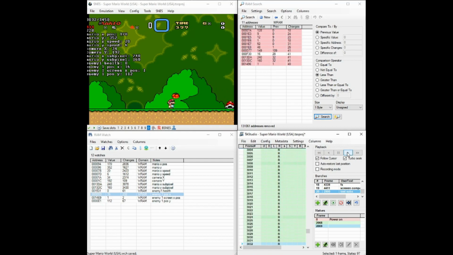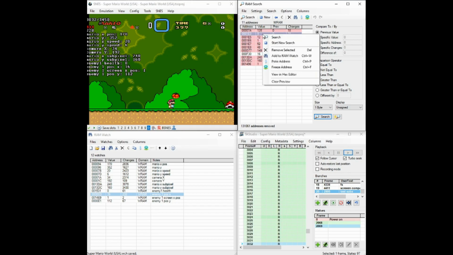These low values, and also usually subpixels are not odd, so I'm just going to remove those. It's unlikely.